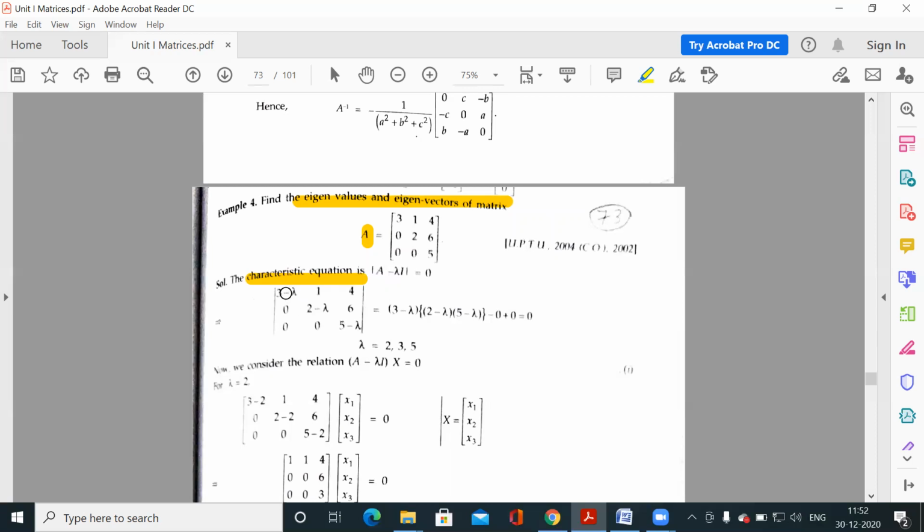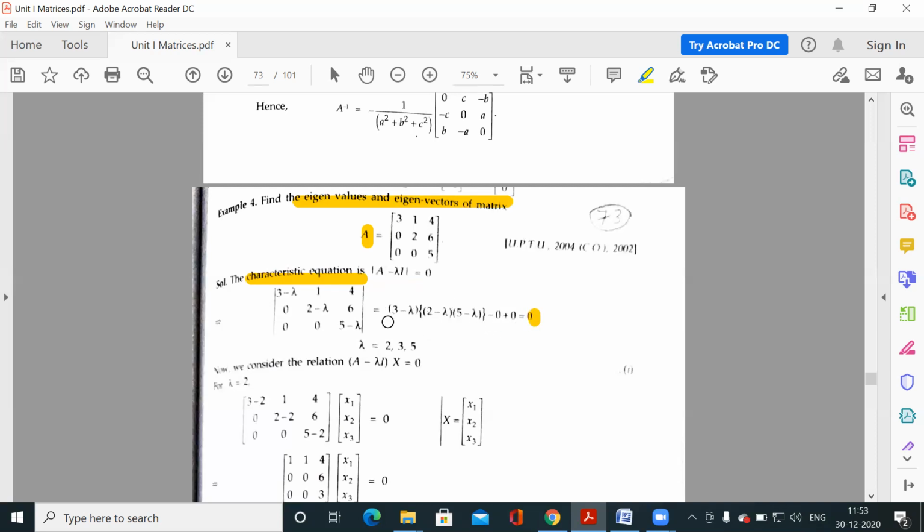Expanding the 3 by 3 determinant, the 3 minus lambda multiplies this into this minus this into this, and the other terms have coefficients that will be 0. Only this term remains, so the characteristic equation is (3 minus lambda)(2 minus lambda)(5 minus lambda) minus 0 plus 0 equals 0.